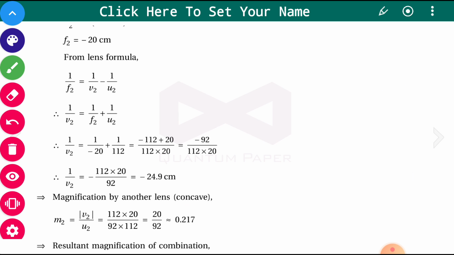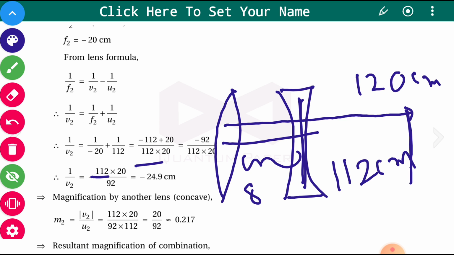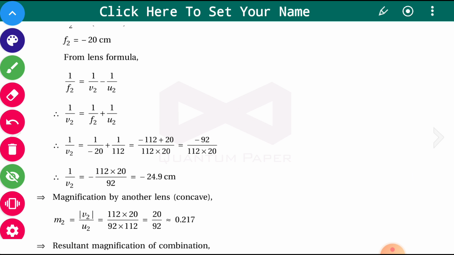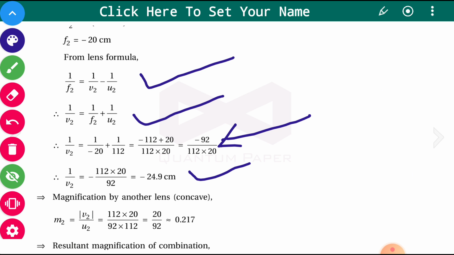Now easily you can get the value of 1 upon v2 as 1 upon f2 is equal to 1 upon v2 minus 1 upon u2. Substitute the values and you get v2 as minus 24.9 centimeter, and magnification is v2 upon u2, easily it is 0.217.